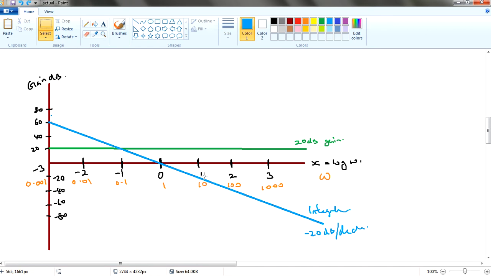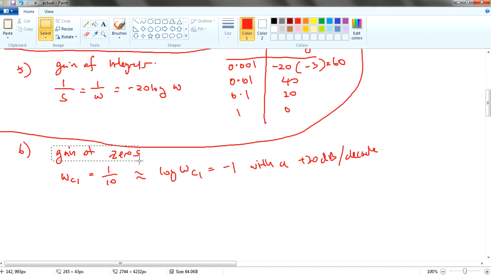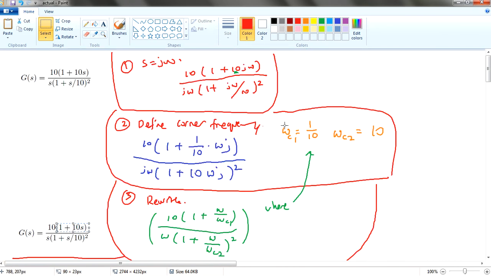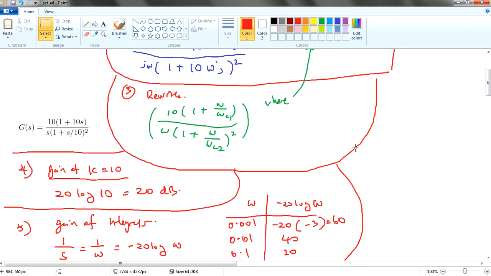Therefore, now let's plot the gain of zeros. The zero is this one over here, 1 plus 10s. If you head back to just now, we said that 1 plus 10s, or 1 plus 10j omega, or 1 plus j omega over 1 over 10, has a corner frequency of 1 over 10, so it's 0.1.